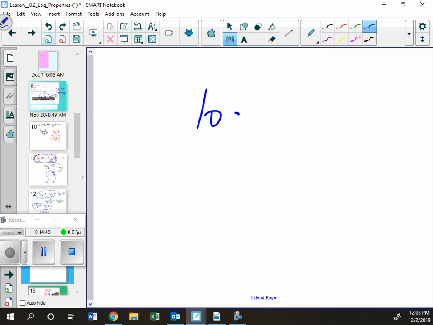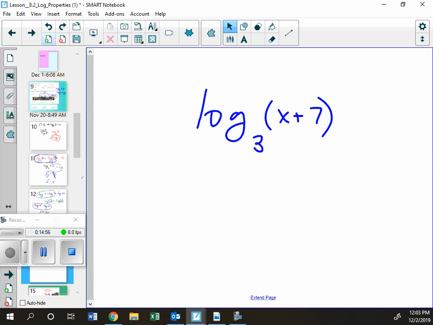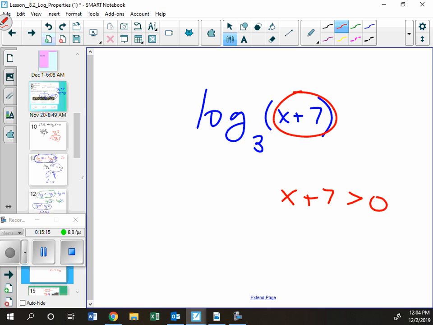Well, if you have log base 3 of x plus 7, what's the domain of this function? Well, normally I would have said that this can be anything as long as it's bigger than 0, right? So then set x plus 7 is greater than 0. And you solve it.